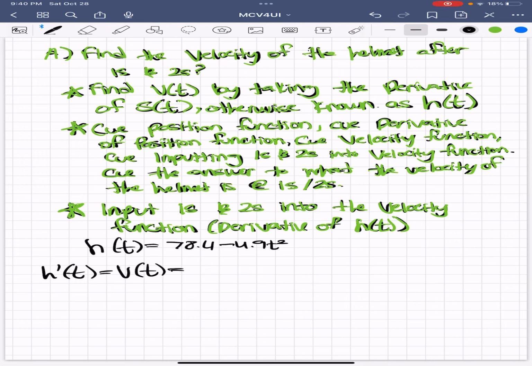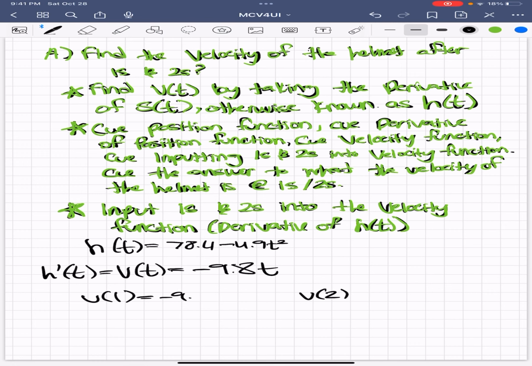So the constant rule: if there's no variable attached to a term in the equation, then it just equals 0. And then we use the power rule to find the velocity of this part right here. And our answer is negative 9.8 t. So that's the velocity. And then what we do is we take v of 1 and v of 2.